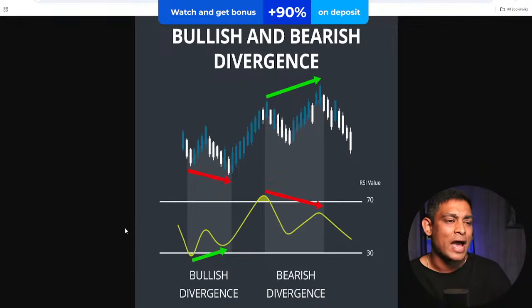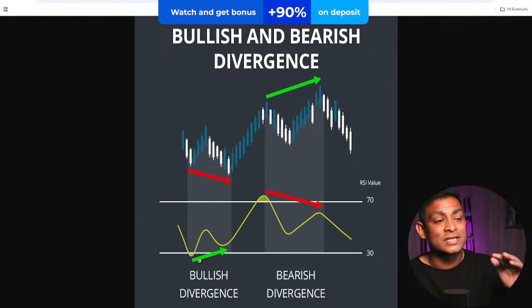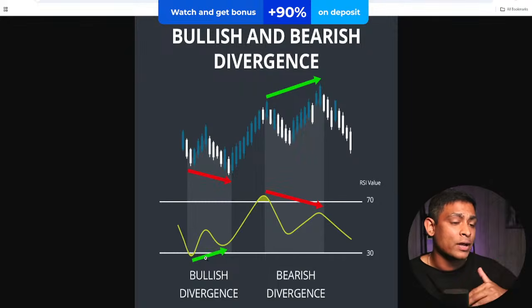When we are looking at bullish divergences, we must understand that the price will form lower lows, while the RSI will form higher lows, an uphill slant, moving up step by step from the bottom.